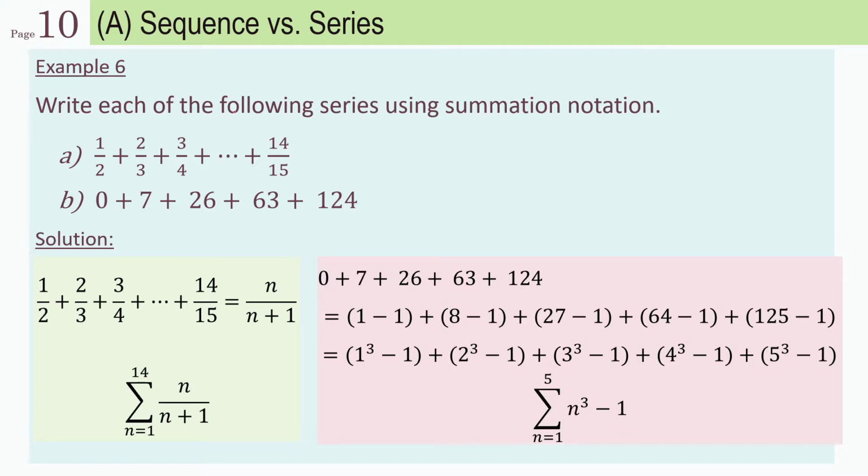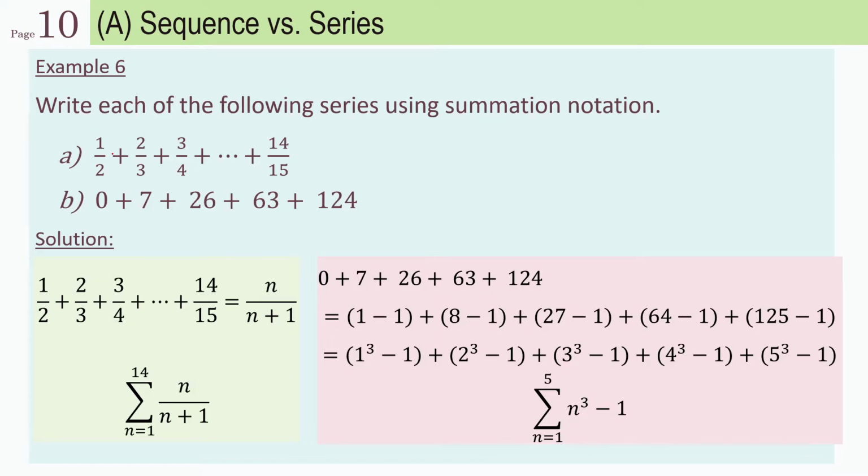Now if you look at it, sometimes unless the question tells you that it is arithmetic or geometric, you will just need to analyze what the pattern of the series is.